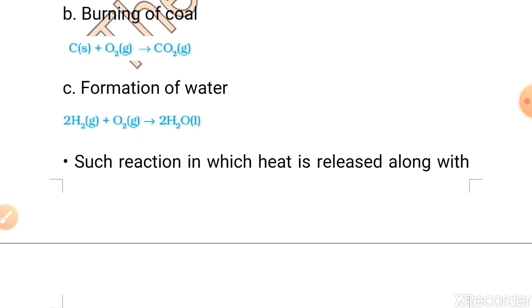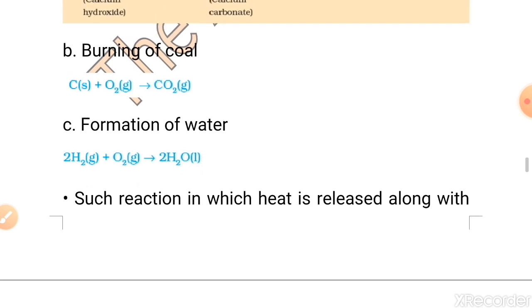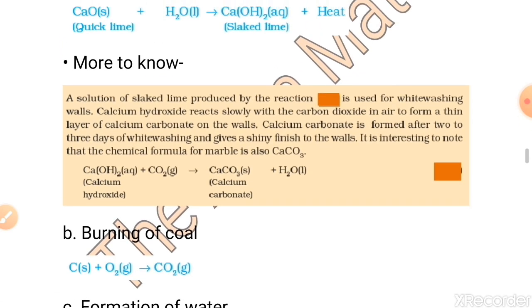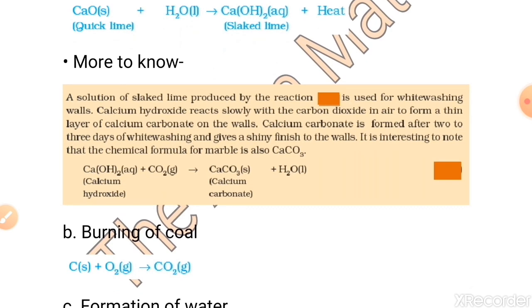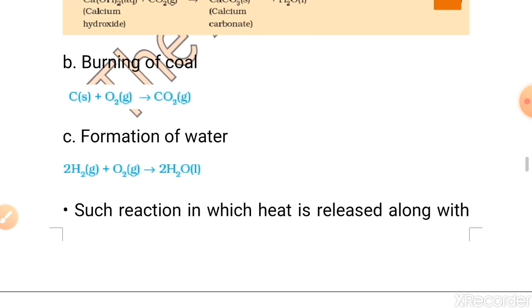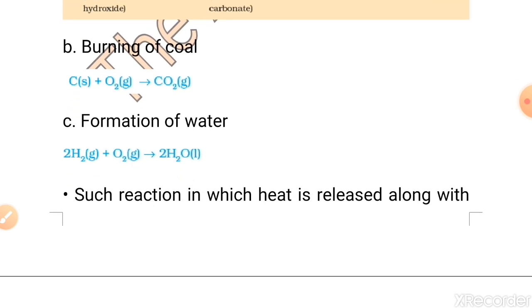Water is formed when hydrogen gas and oxygen gas react with each other in presence of electricity. So these were the examples of combination reaction. Here you can see that in every reaction, either 2 or more reactants react together to form just one product. That is why all these reactions were of combination type.